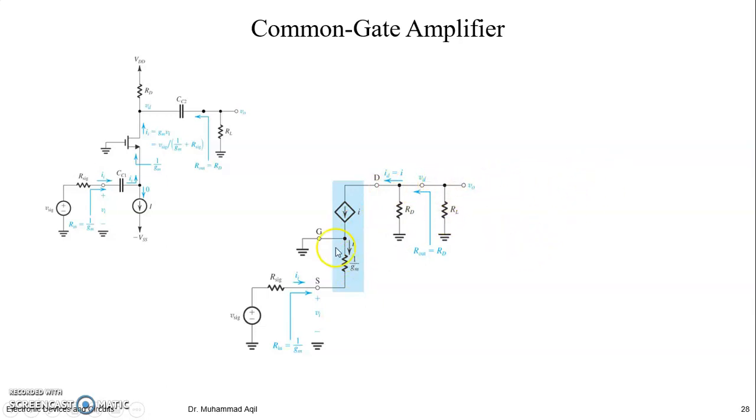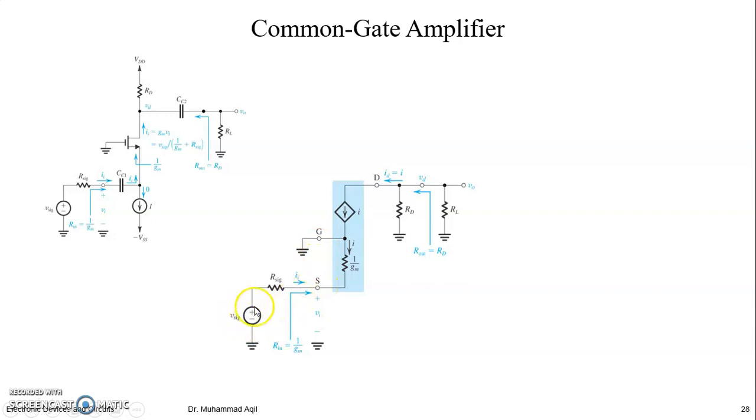Or if we find the value of this voltage, then this drain current will be equal to Gm VGS. So let's find Gm VGS, as we are doing from the starting. So what would be the VGS?